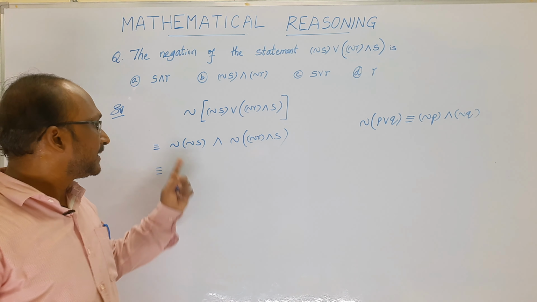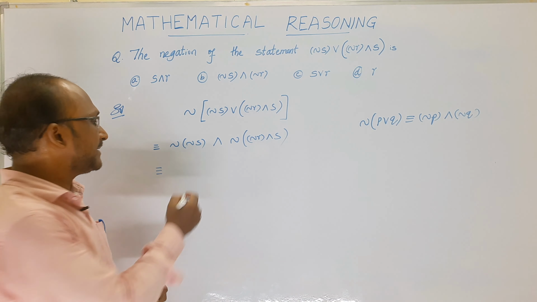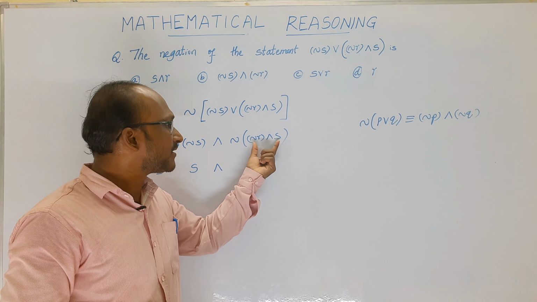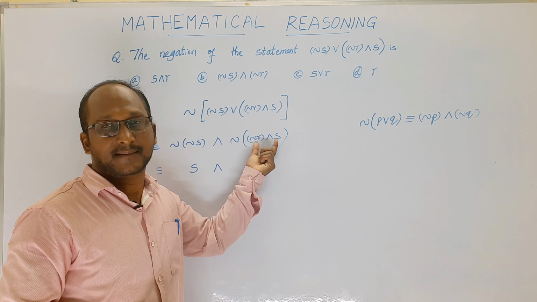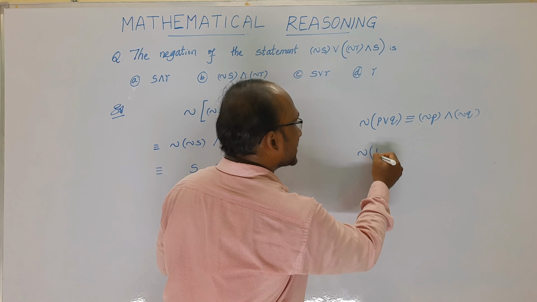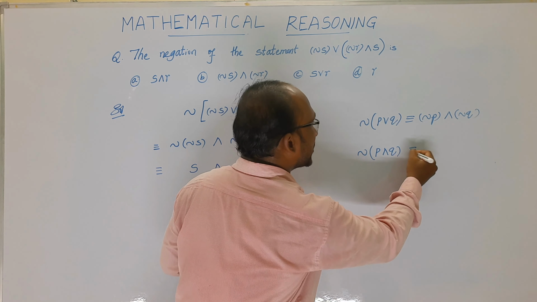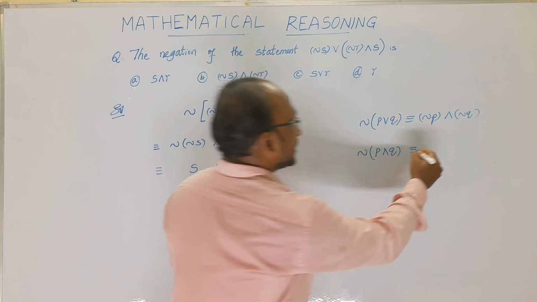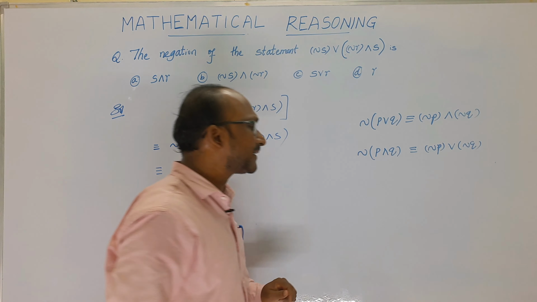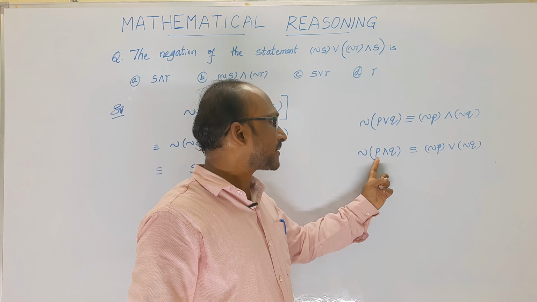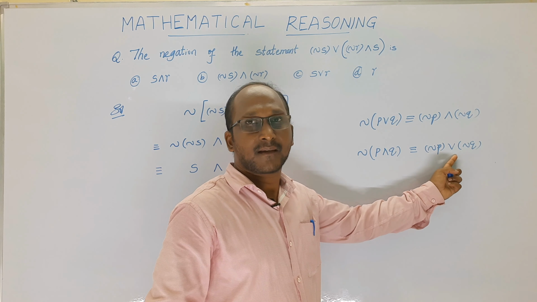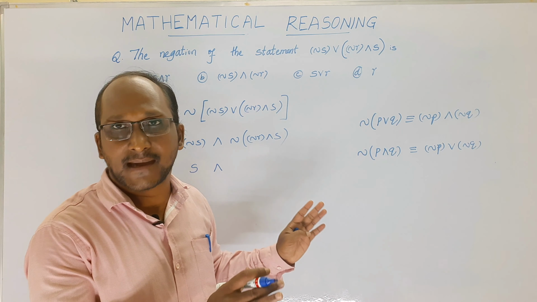And also we know that negation of negation P is the statement P, and again this is the negation of the conjunction of two statements negation Q and P. What is the negation of the conjunction? Negation of P and Q is equivalent to negation P or negation Q. Here, what are the changes we can observe? This negation must be given to both the statements P and Q, and this and becomes or. These are the changes we have observed.